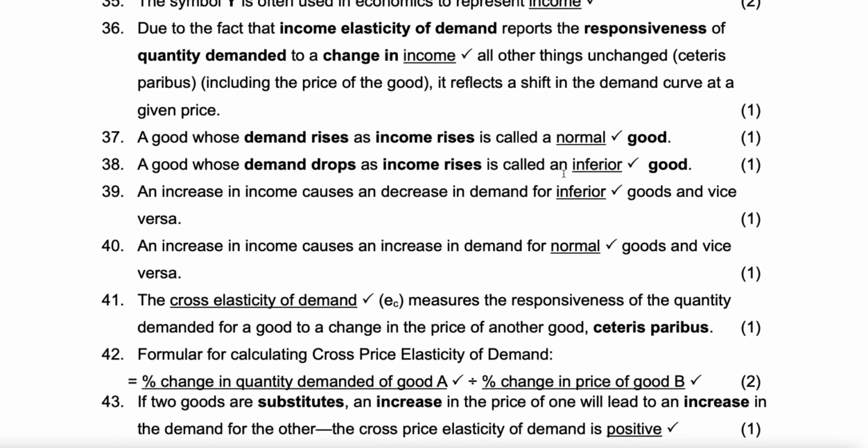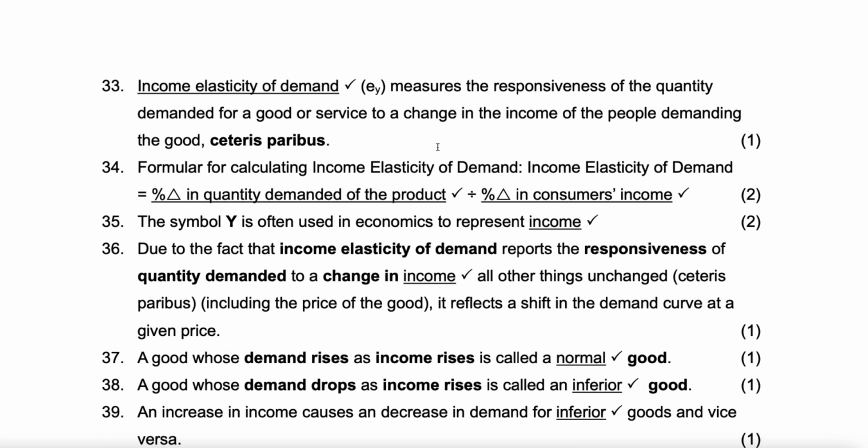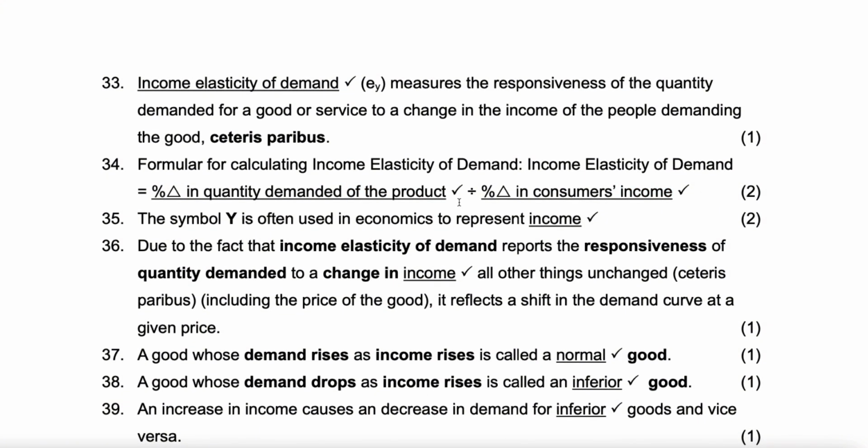All right, the next concept, so we are done with income elasticity of demand. The difference is that one is price elasticity of demand. That's why we divide by price here. And also here we have to be specific about the demand of the product because we are talking about a specific product. So demand for Black Label, demand for Hennessy, and here your income.